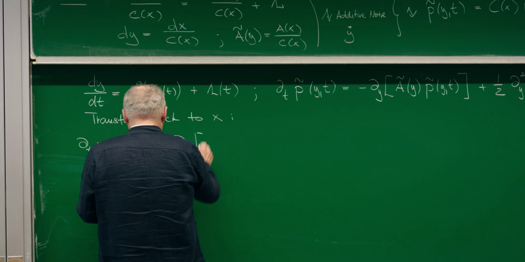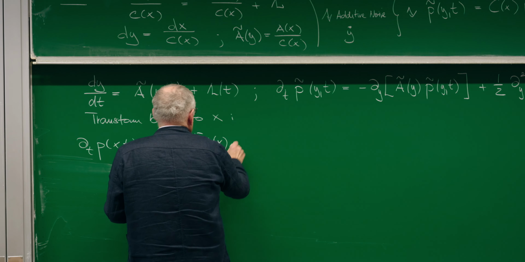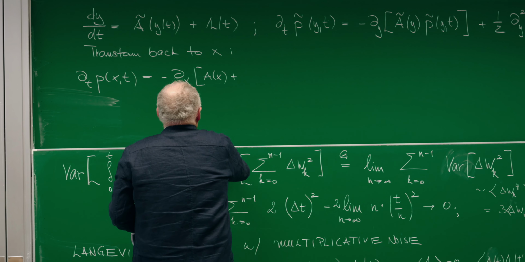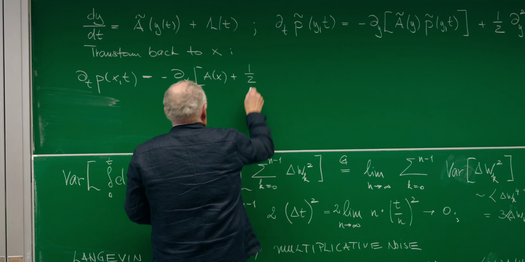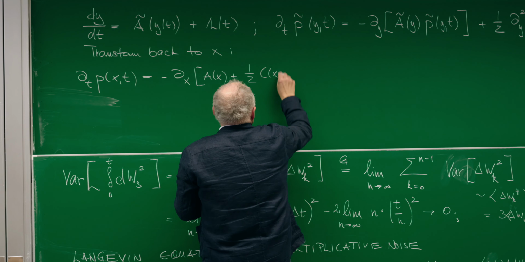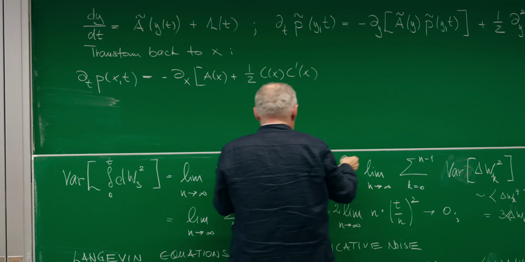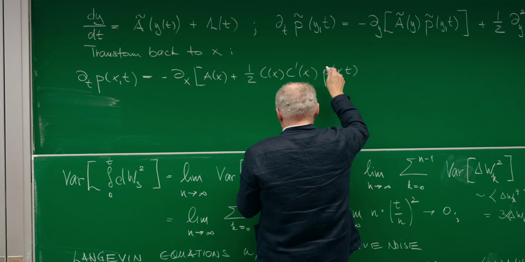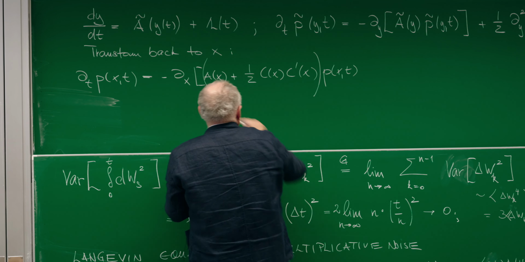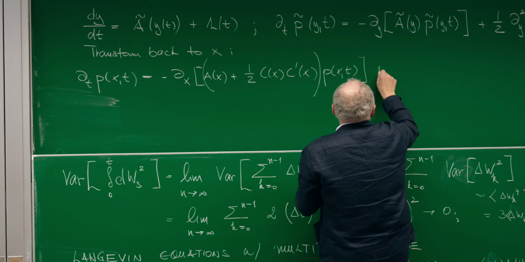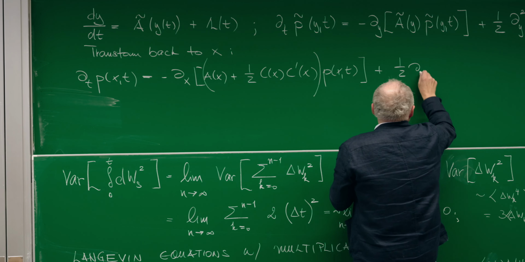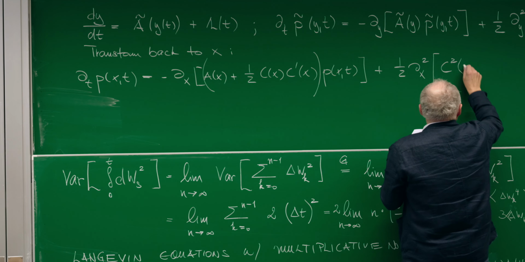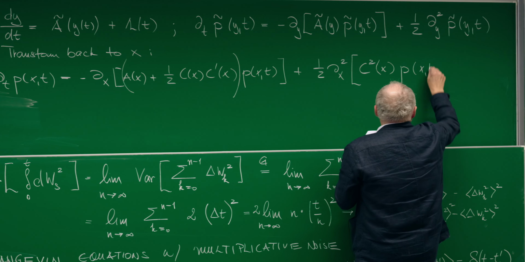This is minus ∂_x [a(x) plus a half c(x) c'(x)] p(x, t), plus a half ∂_x² c²(x) p(x, t).